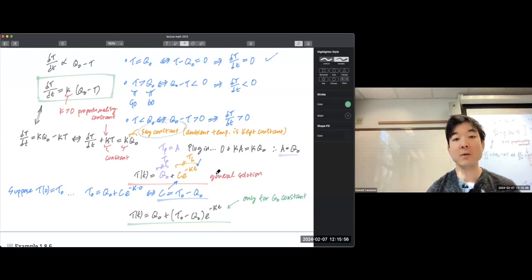Because we used this right here, and that was required. We needed to assume this to be able to build a particular solution of this form.